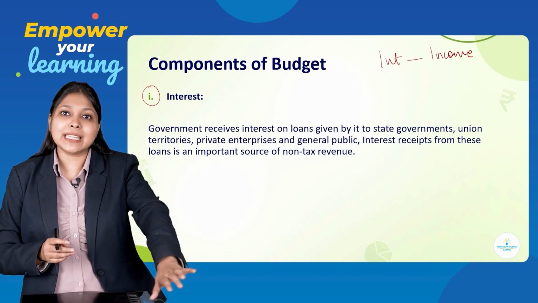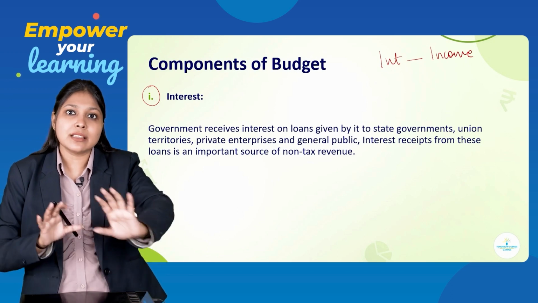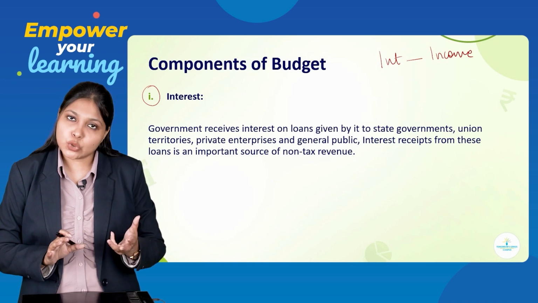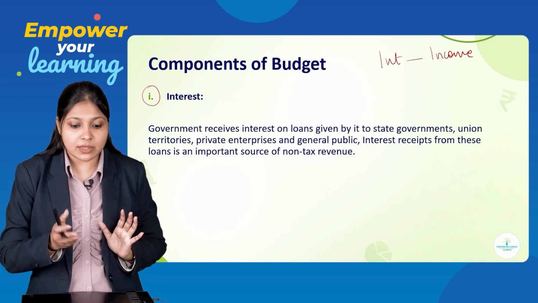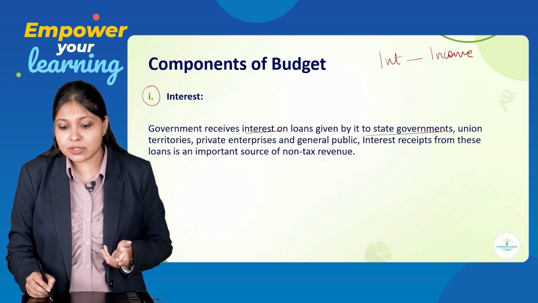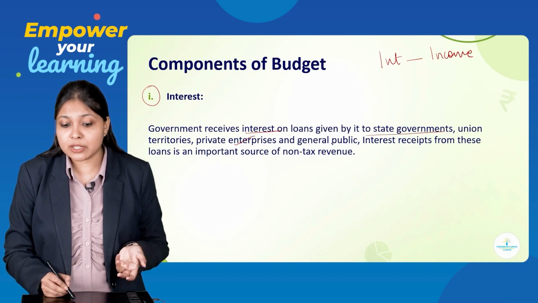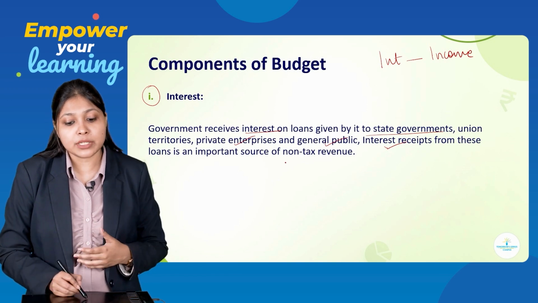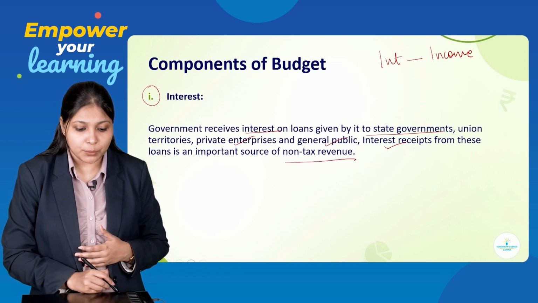So apart from tax, this is also one form of income which the government generates. Government receives interest on loans given by it to state governments, union territories, private enterprises, and the general public. Interest received from these loans is an important source of non-tax revenue.